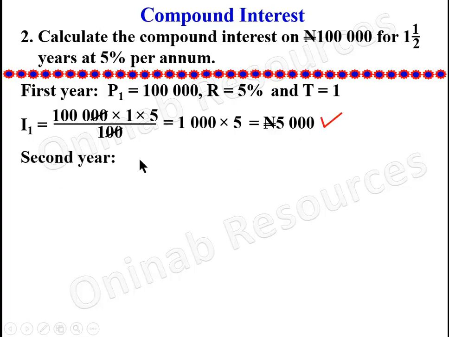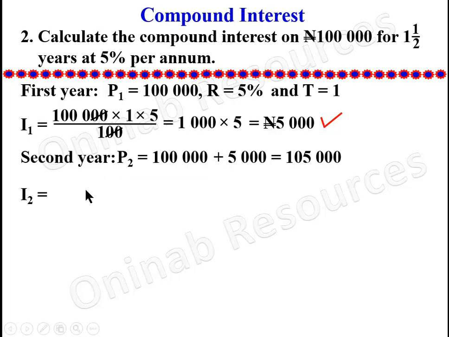The principal is going to be 100,000 plus 5,000. That's the principal in the first year plus the interest in the first year. So giving us 105,000 naira. And our interest in the second year, though it's not a complete year, so it's going to be a half year. So we look at it as 1 year, then we divide it by 2.